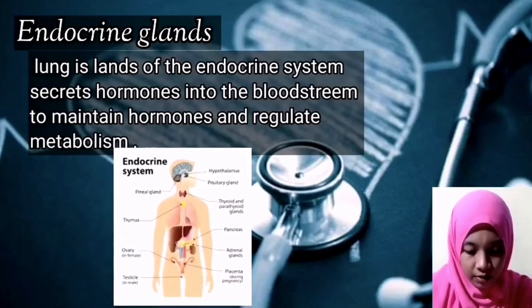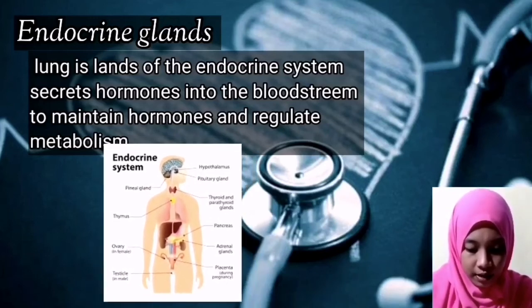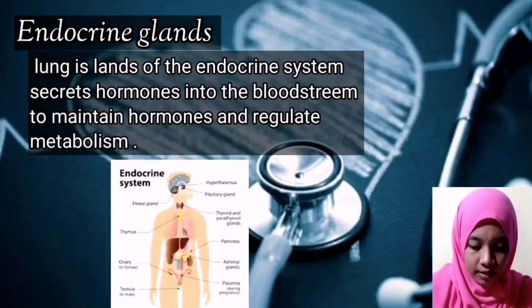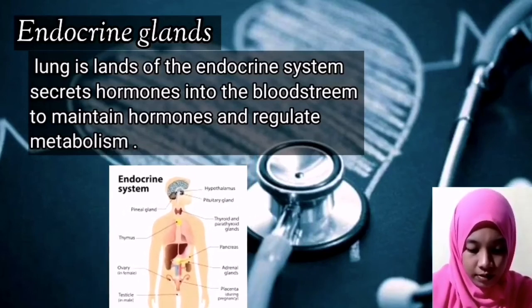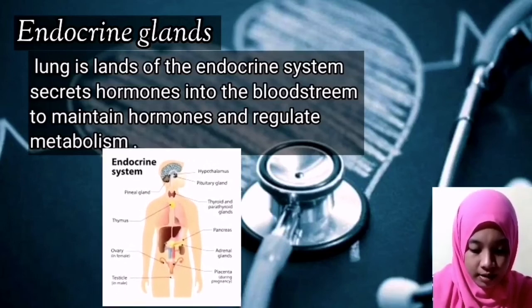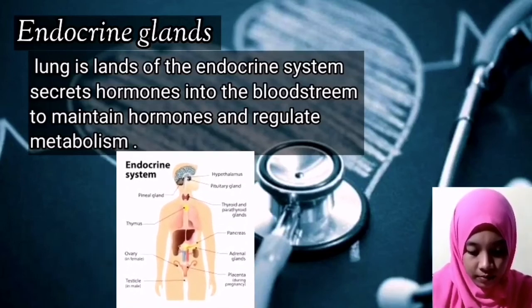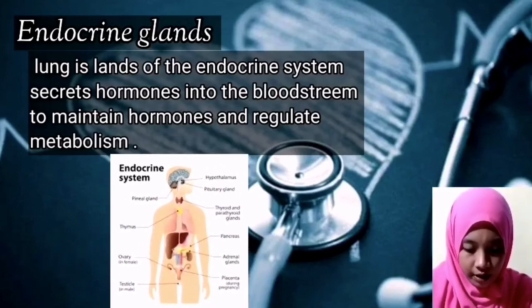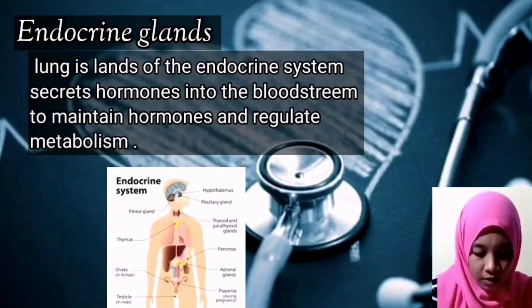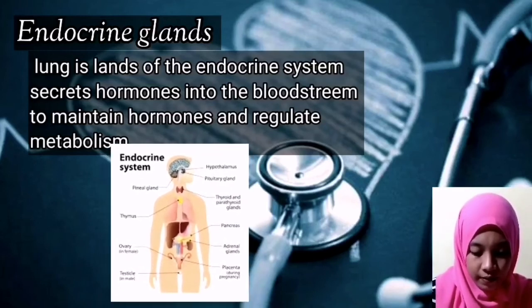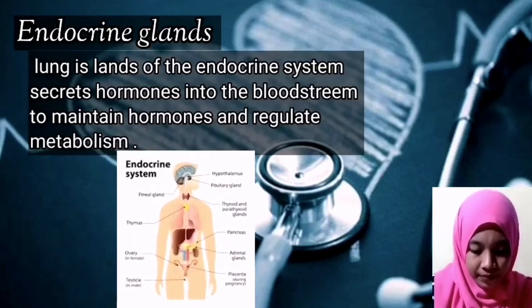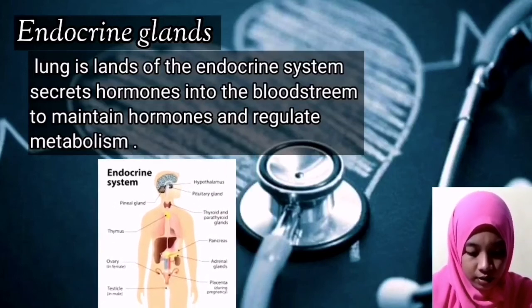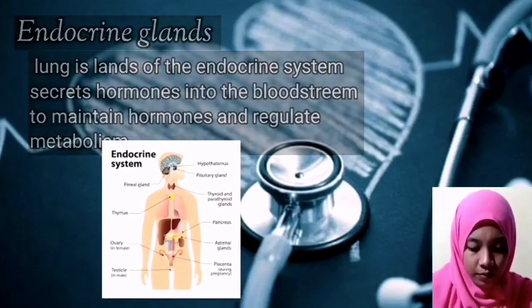Other primary endocrine glands, including the thyroid and parathyroid glands, the adrenal gland, and the pineal gland, adjust the level of various substances in the blood and regulate metabolism, growth, the sleep cycle, and other processes. Organs such as the pancreas also secrete hormones as part of the endocrine system. Secondary endocrine organs include the gonads, kidney, and thymus.